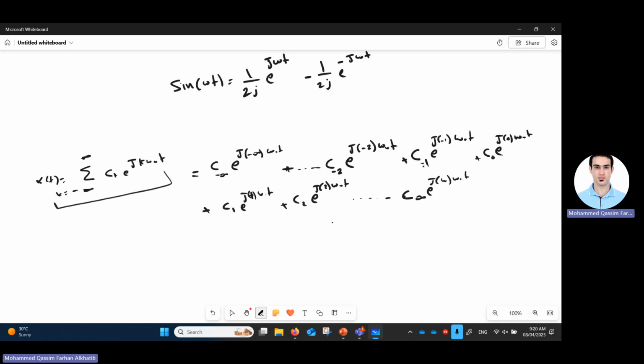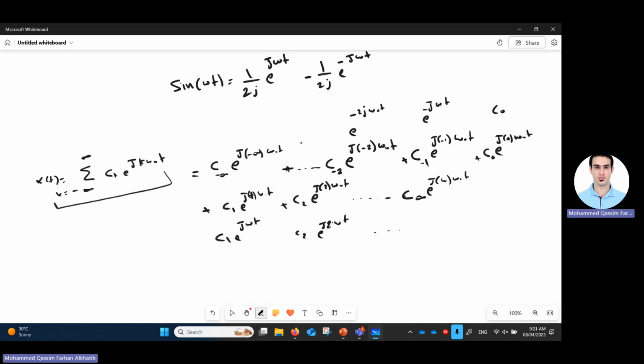If you look at these terms, this one here is e to the power negative 2j omega t, this one e to the power negative j omega t, this one c naught alone, because this is e to the power 0, this one c1 e to the power j omega t, c2 e to the power j 2 omega t, and so on.